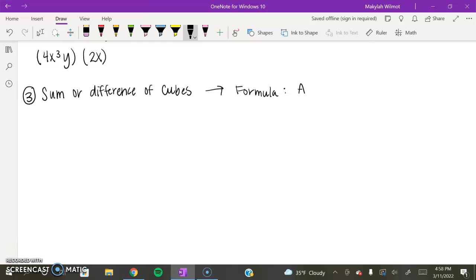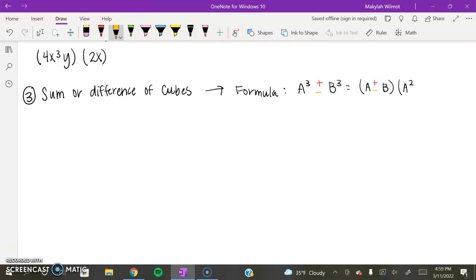So the formula is a cubed, and then we're going to do plus or negative b cubed equals a plus or minus b times a squared.